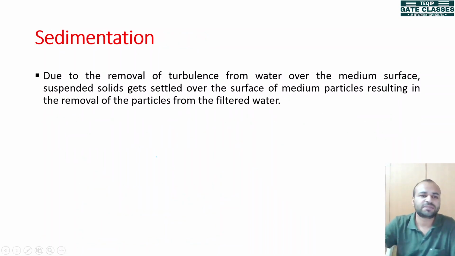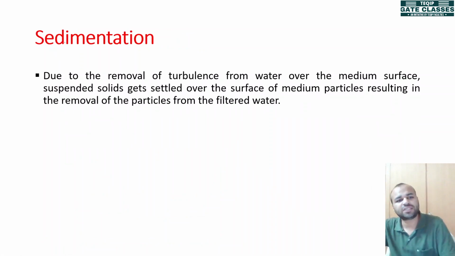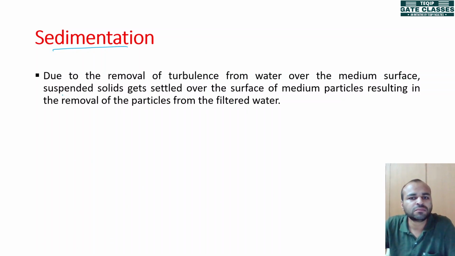Moving on, next we have sedimentation. This we have learned earlier also. What is written here is that due to removal of turbulence from water over the medium surface, the suspended solids get settled over the surface of medium particles, which results in removal of particles from the filtered water.